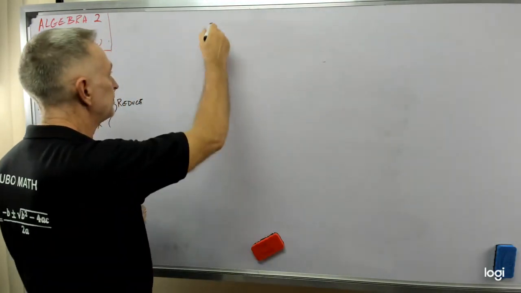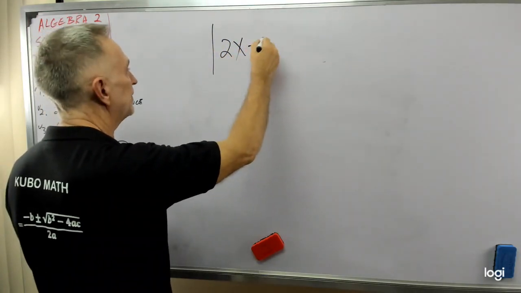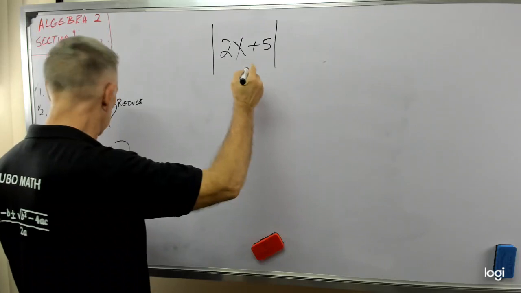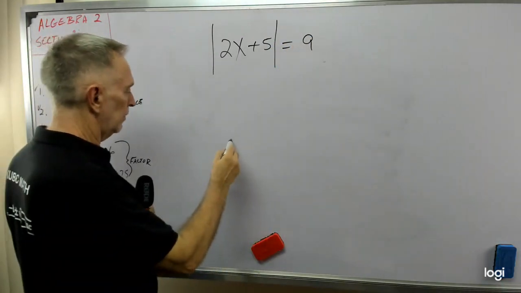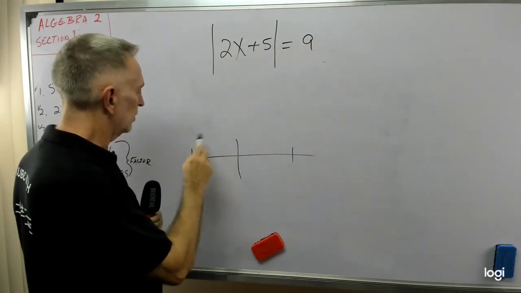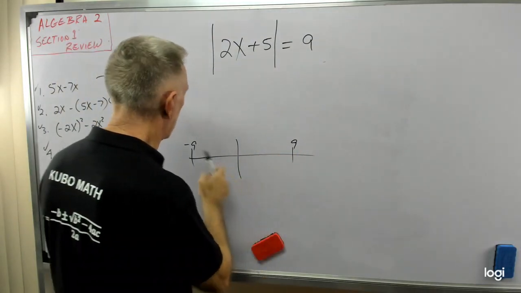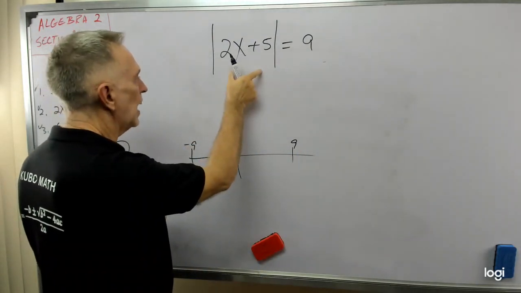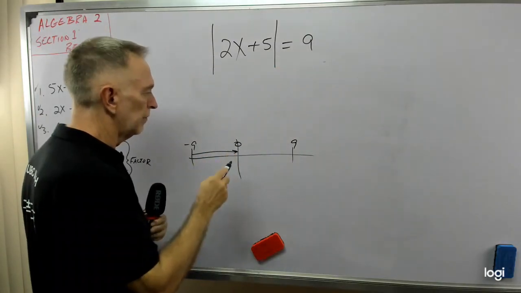Oh, here's a good one. The absolute value of 2x plus 5 equals 9. Now, if I have a number line here, and here's 9 and here's negative 9, the absolute value of negative 9 is 9 because it's 9 units from 0.